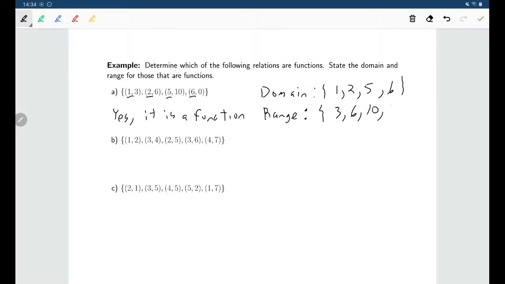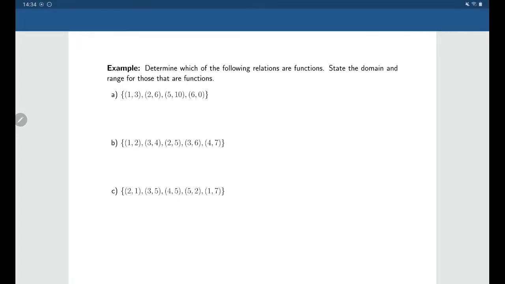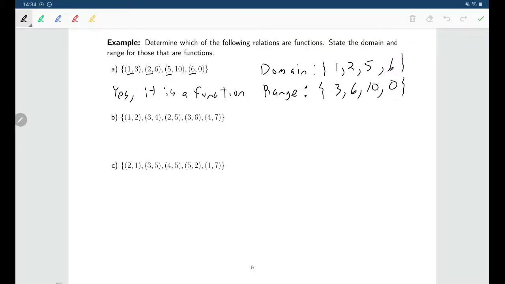One thing just to mention as I'm writing this down, for set notation that we're using here, again, curly brackets are always used to contain a set. That's number one. And number two, inside a set, we only list individual numbers once. So if, let's say, we had an output value of 0 that showed up in another point, also another output value of 0, I wouldn't list 0 twice.